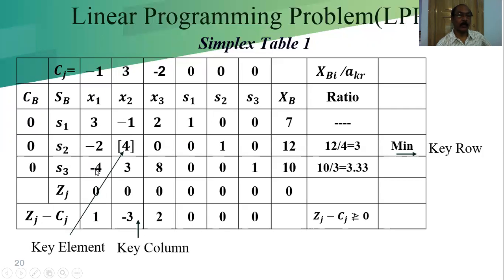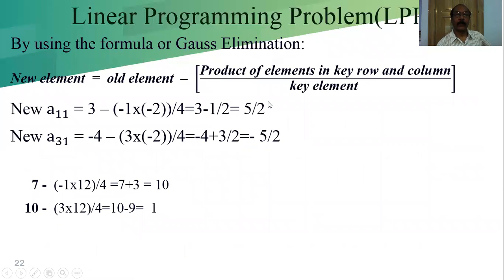This is minus 4. 3 into 3 into minus 2, minus of, that means plus, and this is the minus 4, and divided by 4, that means 3 by 2. We will get minus 5 by 2. This will be 5 by 2 and this will be minus 5 by 2. See, 5 by 2 and this is minus 5 by 2. And these two calculations I already explained.